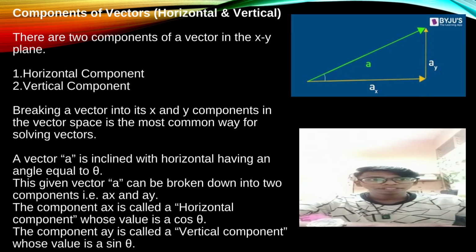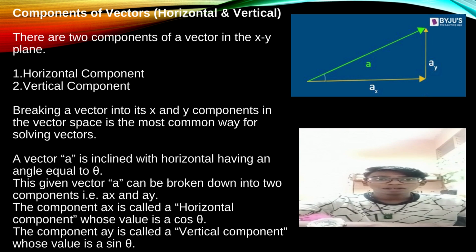Finally, components of vectors, horizontal and vertical. There are two components of a vector in the x-y plane. First, the horizontal component, second, the vertical component. Breaking a vector into its x and y components in the vector space is the most common way of solving vectors.